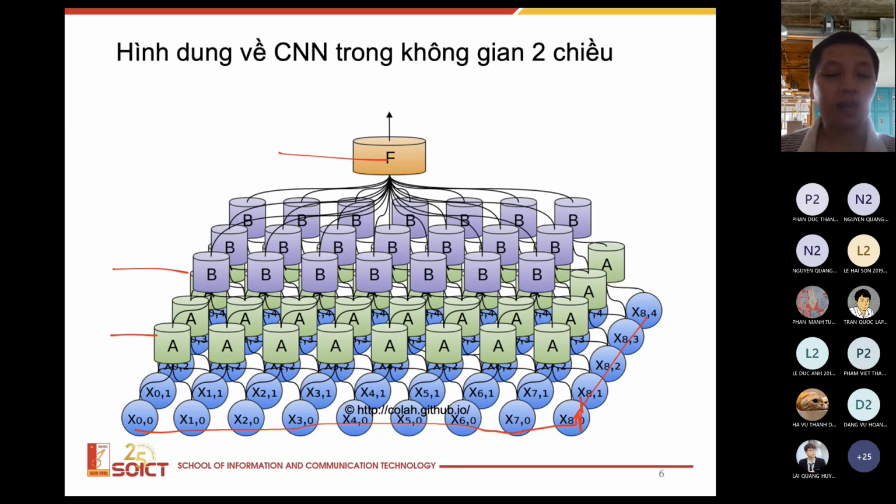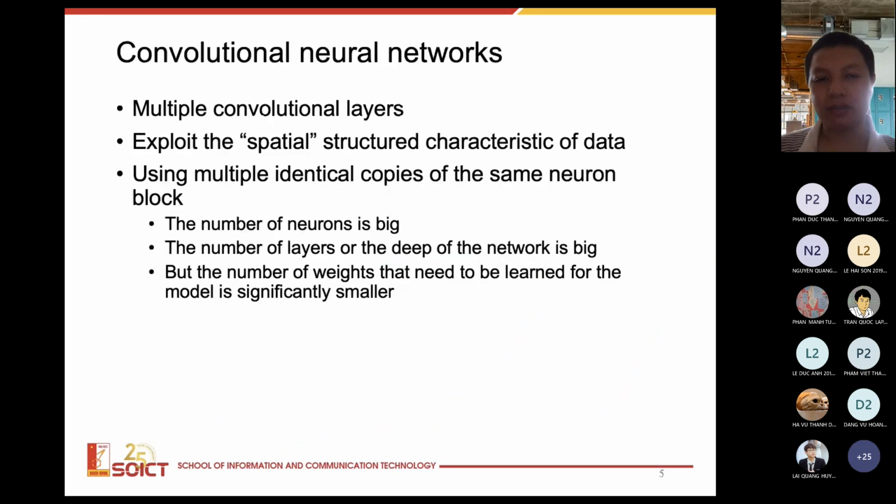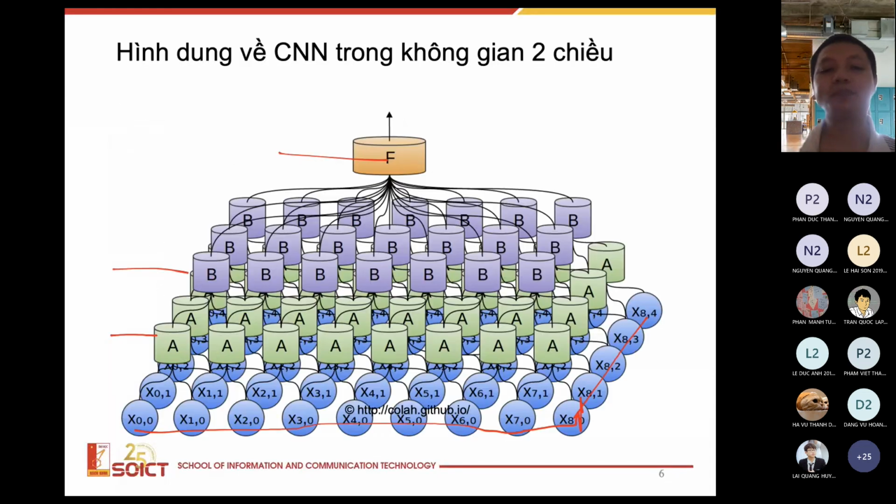For the hidden layer, it is actually a convolutional layer, and we have multiple blocks which are the same, A, and here B. They are the same block. That is the idea of the CNN, using multiple identical copies of the same neuron block for the layer.